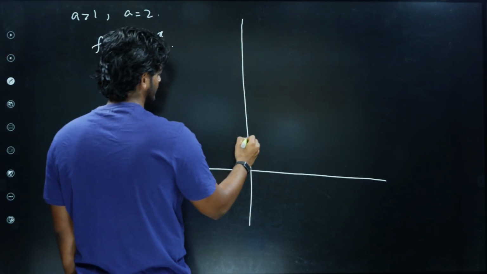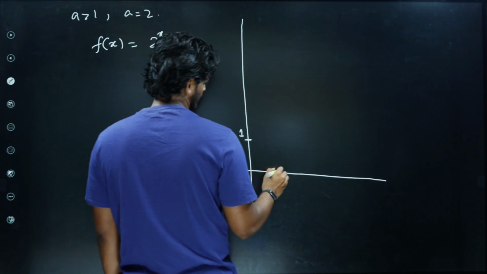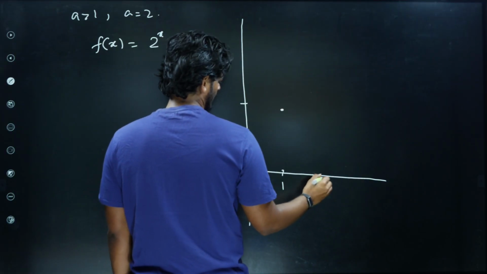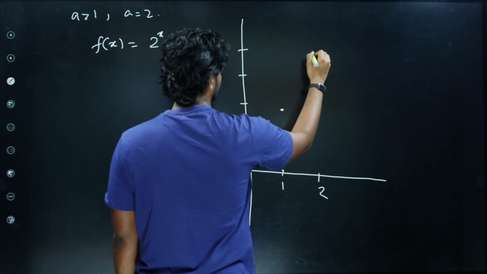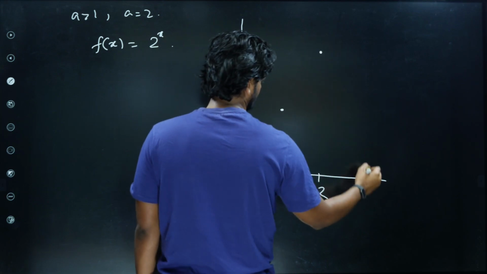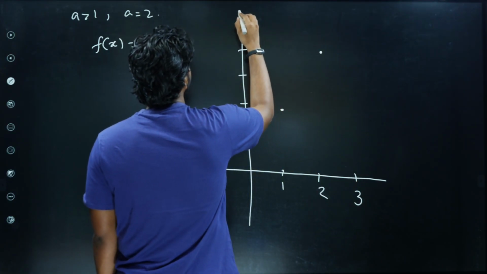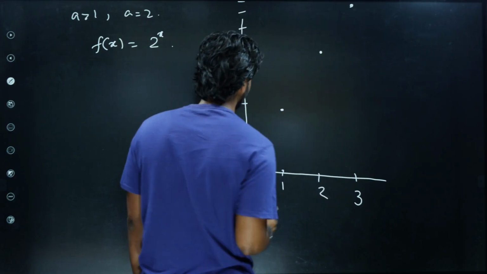At 0 it is 1, and at 1 it will be 2, at 2 it will be 4, and at 3, it will be 8, somewhere over here, right?